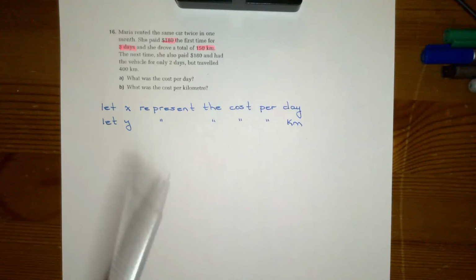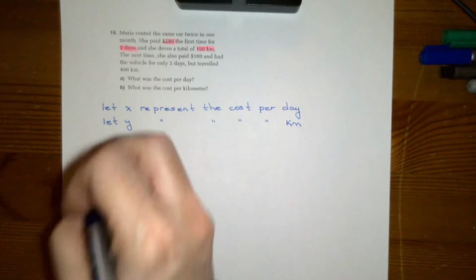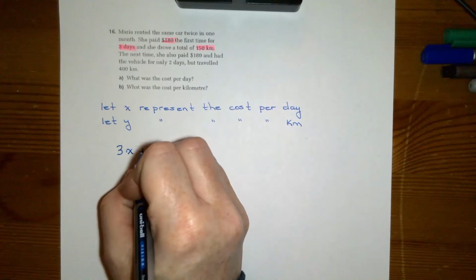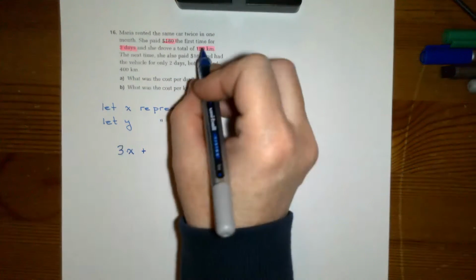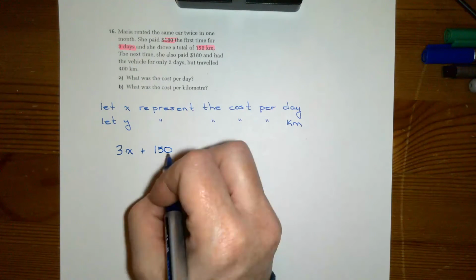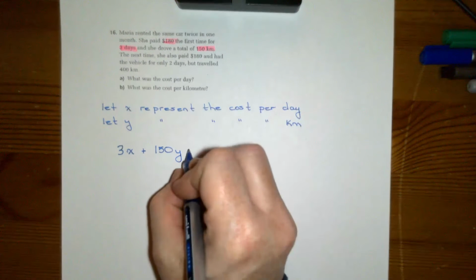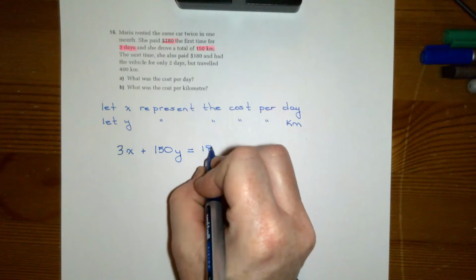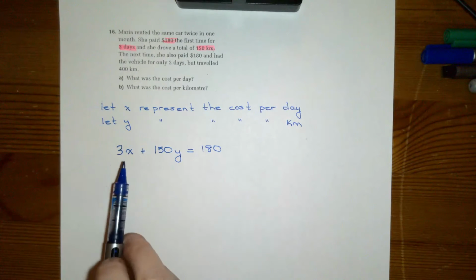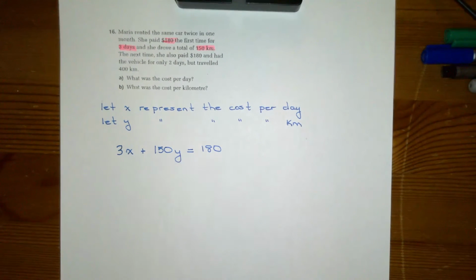So if we took our 3 days and multiplied it by the cost, and we're going to add to that the 150 kilometers multiplied by the cost per kilometer, that should give us the $180 that it costs for the car.